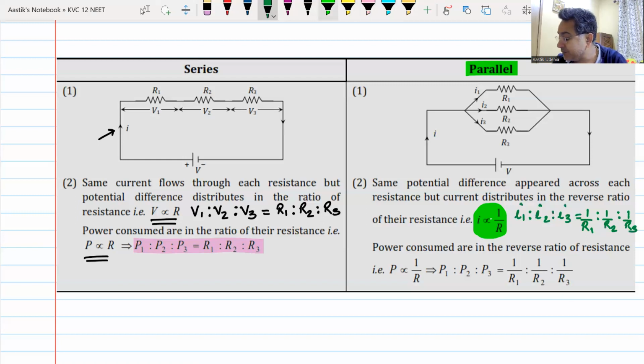Similarly, the power in this case is also inversely proportional to R, so P1 is to P2 is to P3 will also be equal to 1 by R1 is to 1 by R2 is to 1 by R3. Do we understand this? I'll give you 2 minutes so that you can note it down.